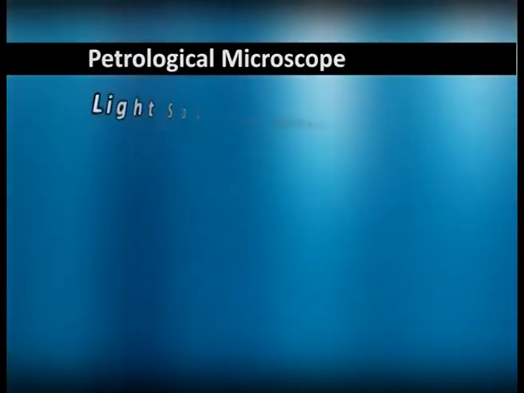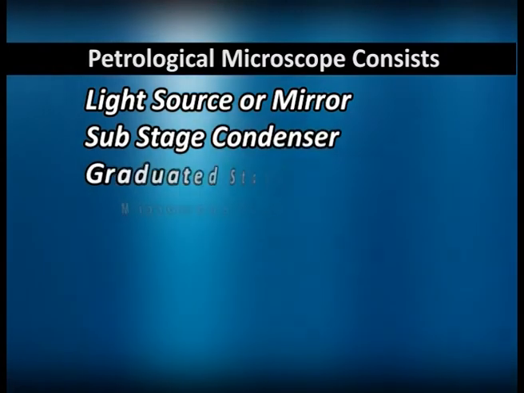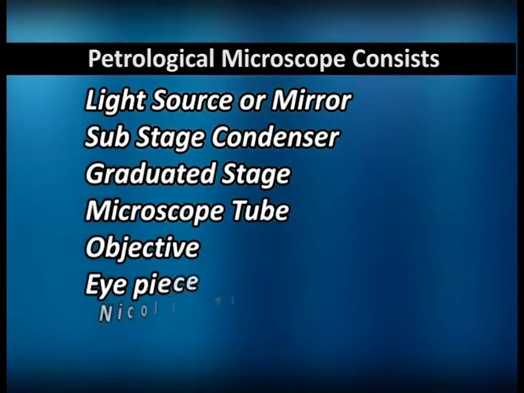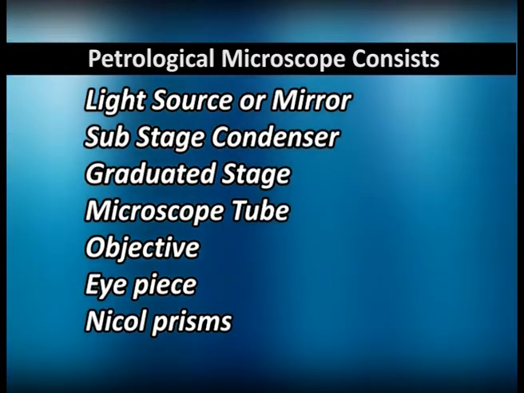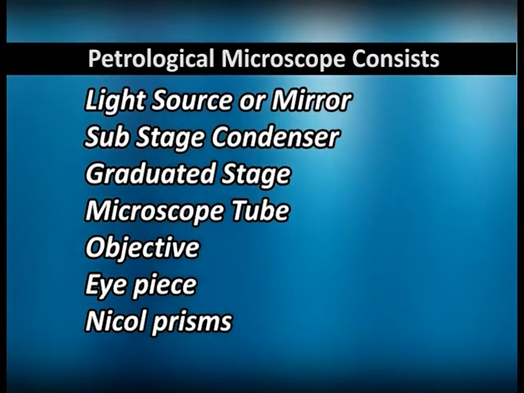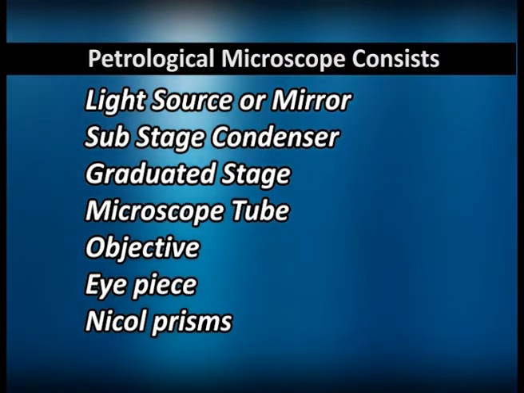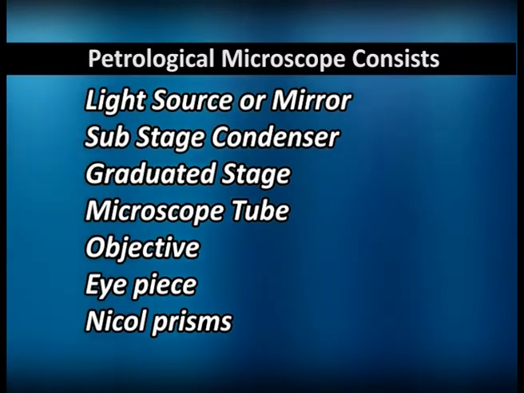The normal petrological microscope consists essentially of a light source or mirror, a sub-stage condenser, a revolving and graduated stage, a tube called the microscope tube, an objective, an eyepiece, and two Nicol prisms, one below the stage and the other above it.